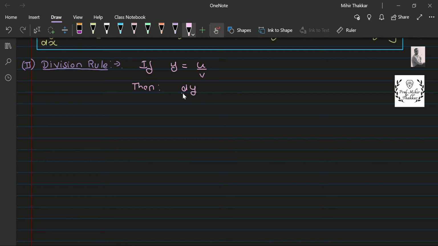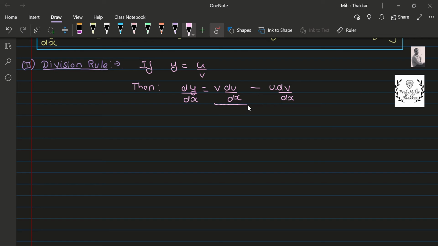So I will get over here derivative of y, dy by dx. As we saw in the multiplication rule, I will take the derivative of u first multiplied by v, take the derivative of v now, and multiplied by u. In case of multiplication rule, we have to add. In case of division rule, we have to subtract.